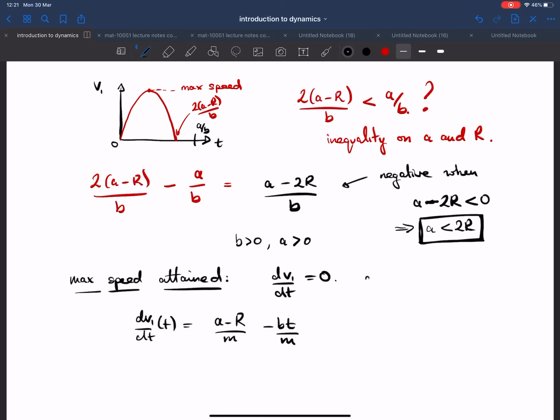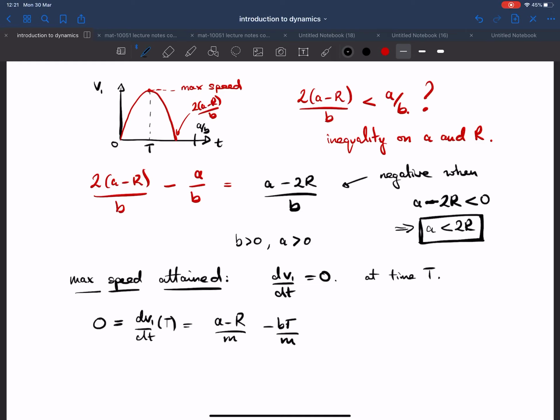This is at time capital T. If I just add this to the diagram, this is capital T. So now let's update this equation: we put this equals 0 and find capital T.